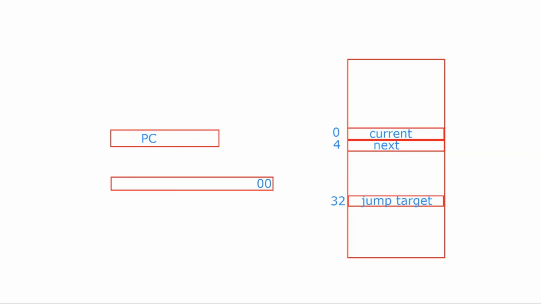So the least significant 2 bits in binary are always 0.